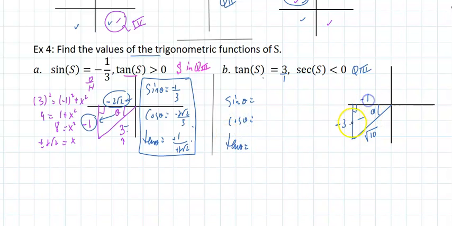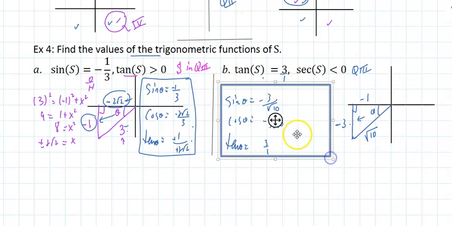Sine is the opposite over the hypotenuse. Cosine is the adjacent over the hypotenuse, and tangent is the opposite over the adjacent. And that would be a fine answer with me. If you want to rationalize, you're welcome to multiply by radical 10 over 10.